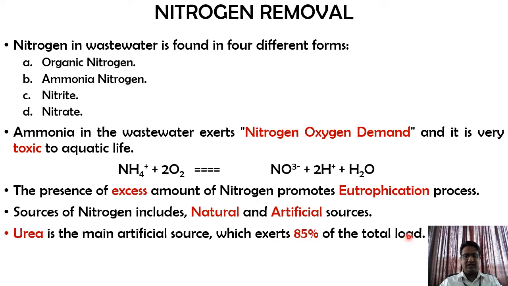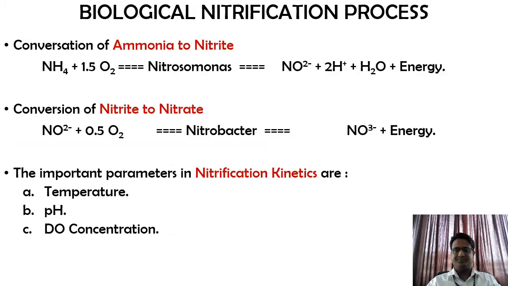Urea is used as a source of nitrogen by the farmers. Whenever they use excess urea, during rainfall it comes through the runoff and ultimately joins the streams, because of which urea becomes the main source of nitrogen for eutrophication.